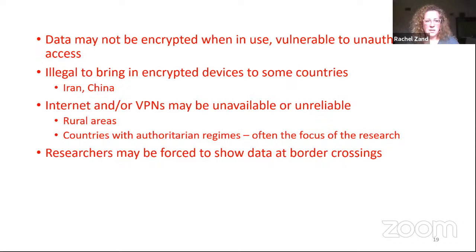The internet or VPNs may be unavailable or unreliable, and this would be in rural areas as well as countries with authoritarian regimes, where often that is the focus of the research. And researchers may be forced to show data at border crossings, which is a very big concern.